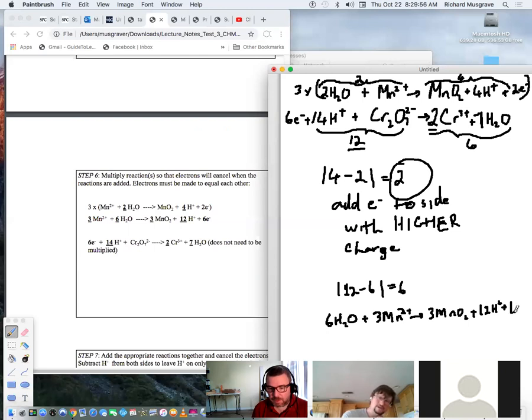And then that'll be 6 electrons there. And then we'll have the bottom one, which I haven't changed. I've effectively multiplied by 1, really. The idea was to make sure I get those electrons equal.